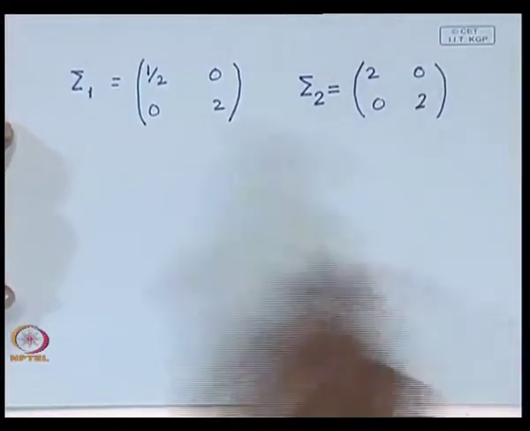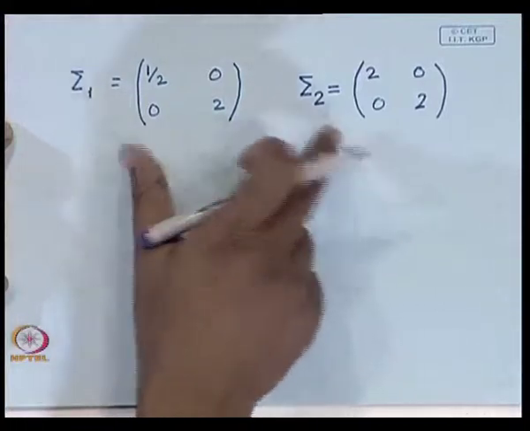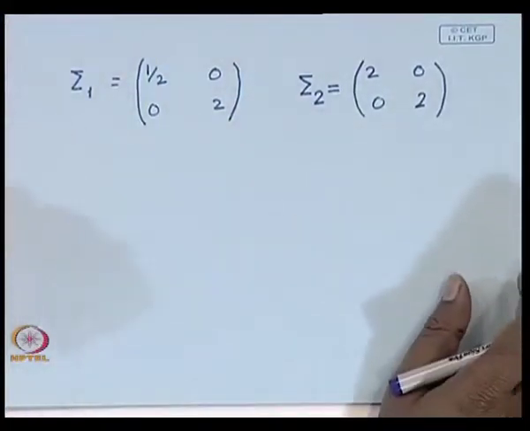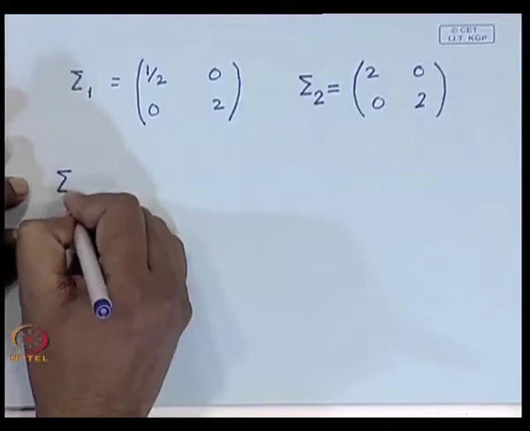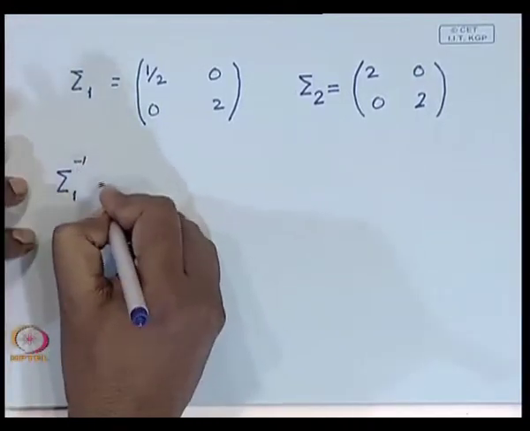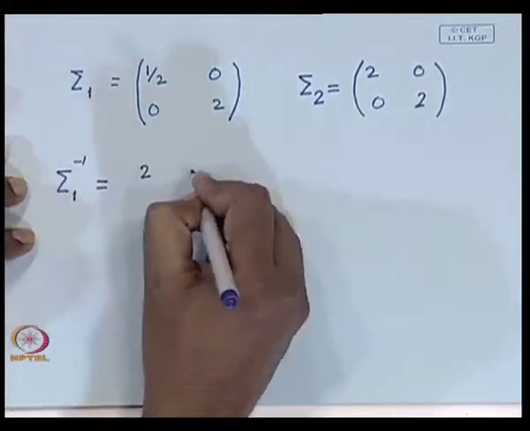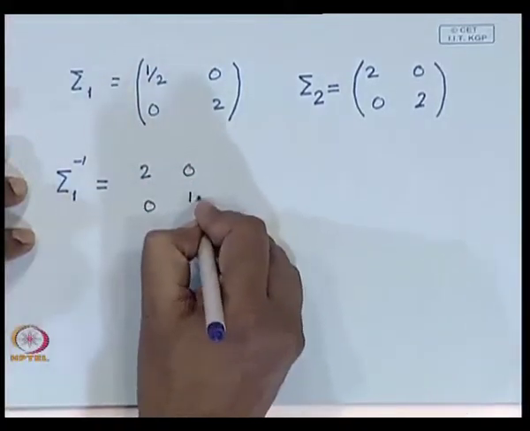So, you find that the covariance matrices of the two classes are different. And as the covariance matrices of the two classes are different, the classifier is not a linear classifier, it will be a quadratic classifier. From here I can compute sigma 1 inverse, which is nothing but 2 0 0 and half.